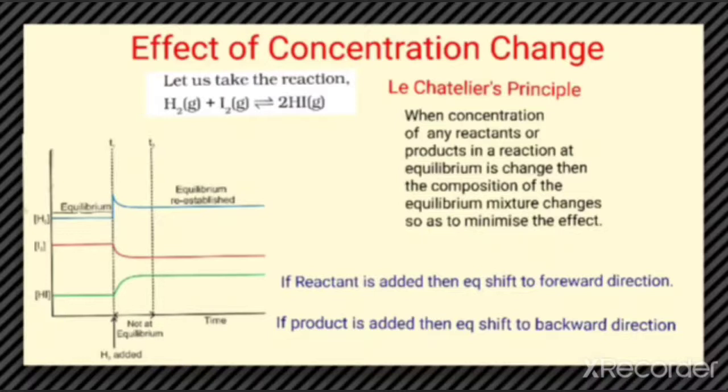But when the product is added, the reaction moves in the backward direction in order to reduce the concentration of product. So that is what the Le Chatelier principle says. Here it is important for the reactant and the product: if the reactant is added to the equilibrium, the equilibrium shifts towards the forward direction, and for product it is in the backward direction.